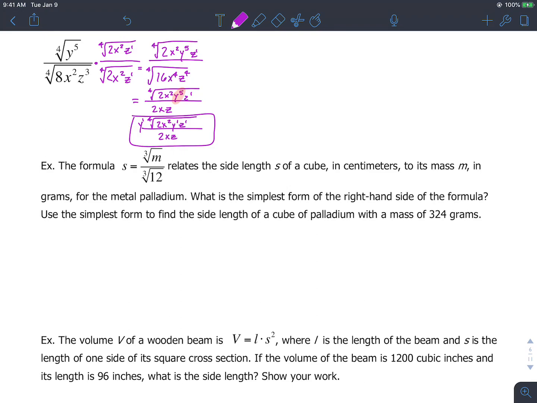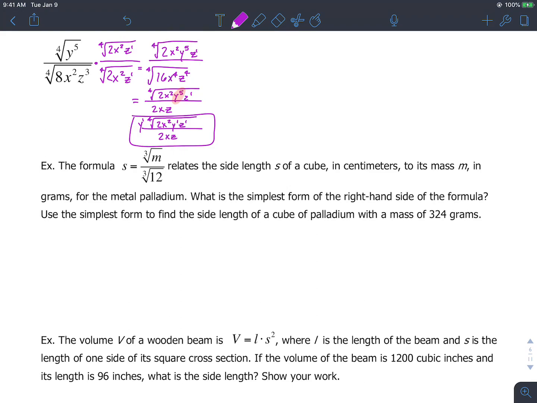So I guess they're basically asking us to simplify it, and then once we simplify it, plug in 324 grams. Honestly, if they're asking us to solve it, I would just plug in 324 right away. But if you want to rationalize, you can also do that as well. You can rationalize ahead of time, and that might make the problem easier.